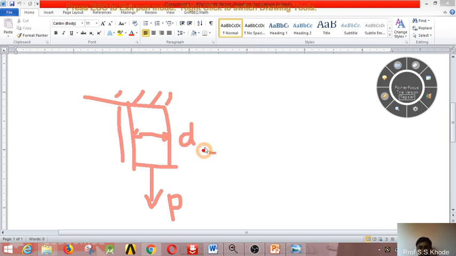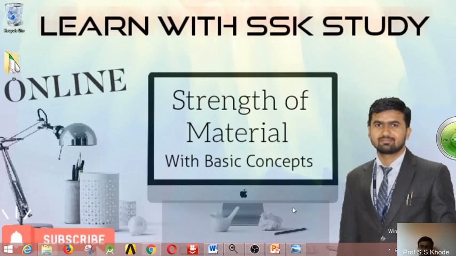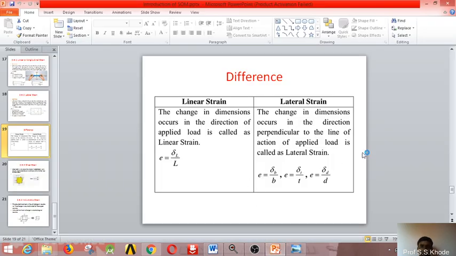If you increase the load, the diameter will go on decreasing and the length will increase. That is the simple concept that I have shown here. Now once again we will go back to the PPT. So that is the difference.